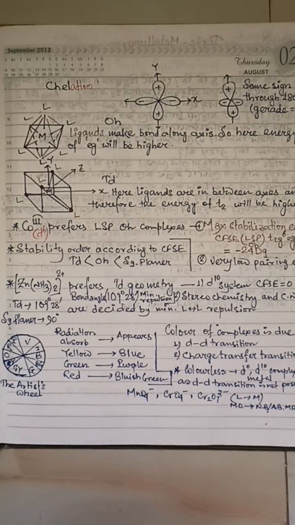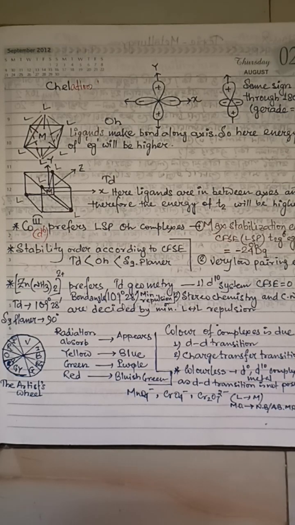Now, in the octahedral field, the ligands approach along the axis. We already know that the dx²-y² and dz² lobes are along the axis, with the same sign through 180 degrees, which means it is gerade, small g, that is the same energy.